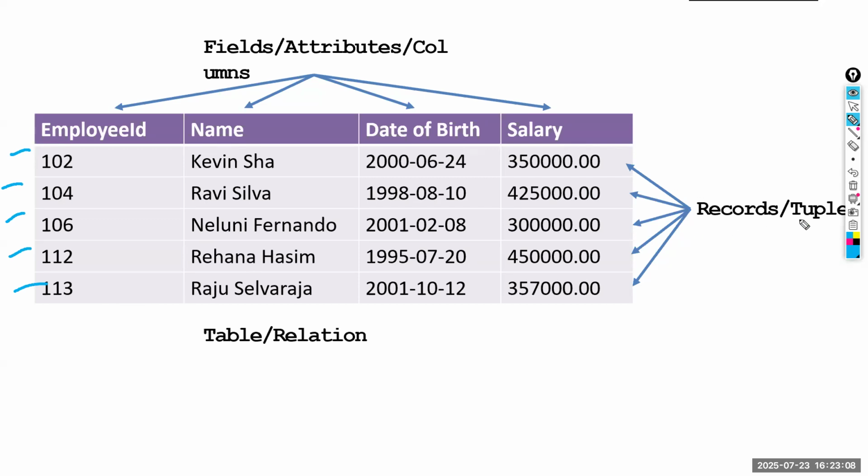Another name for record is tuple. And your set of records, or your table, has field names. That means every record is a collection of field values. These fields are mostly your attributes. So most of the time, if there's an attribute, then there's a field.